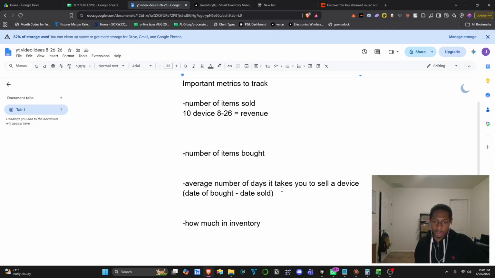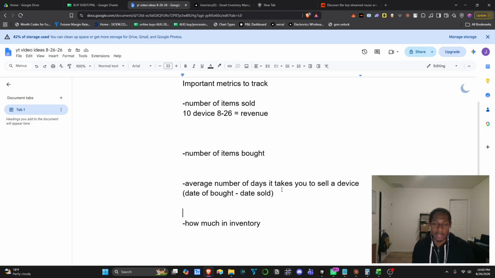Also, how much in inventory? Let's say you start off the month, you got 20K, right? And you spent 2K one day. You spent another 2K. And then one day you spent 3K, right? So now 7K has been bought. 7K throughout the past 3 days has been bought into inventory, but you're like, bro, I just had 7K, I don't know where it's at, or something may be shipped out, or you don't know.